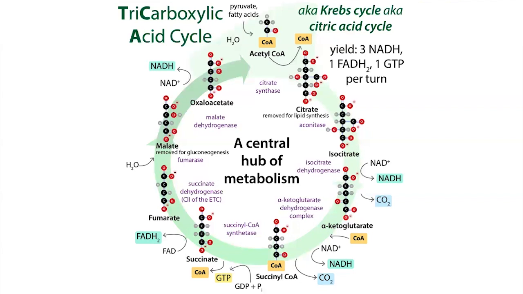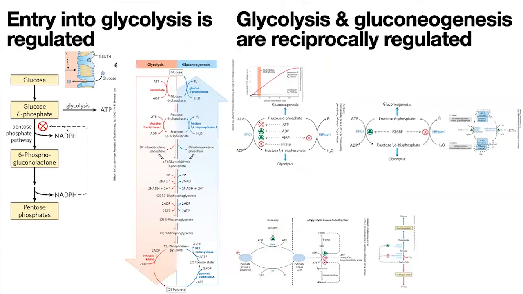One of them is that step we call the first step of gluconeogenesis, going from pyruvate to oxaloacetate using pyruvate carboxylase. So we're using this step that's in gluconeogenesis, but we're not necessarily doing it for gluconeogenesis. We could just be doing it because we need to replenish things that were taken out of the TCA cycle.